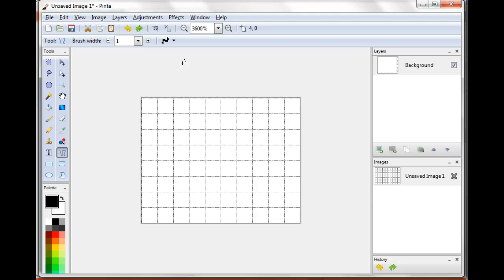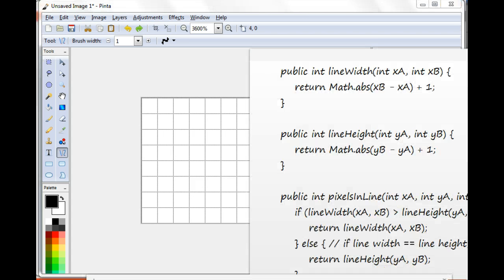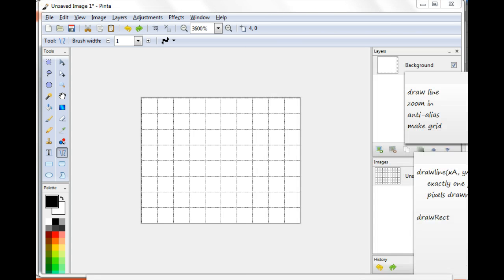So first of all, there's the question of, why did we say max x is d width minus 1?